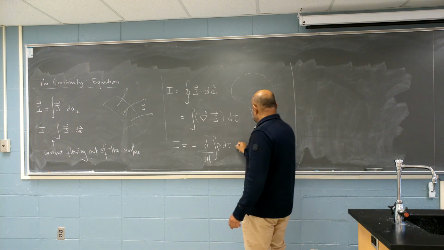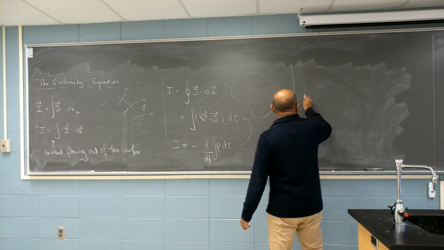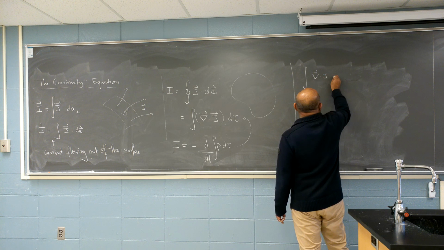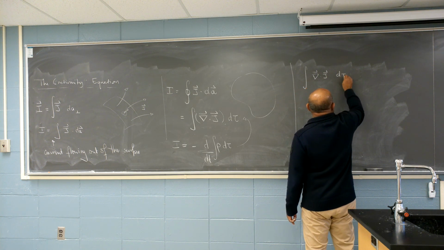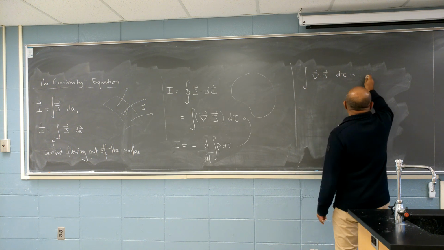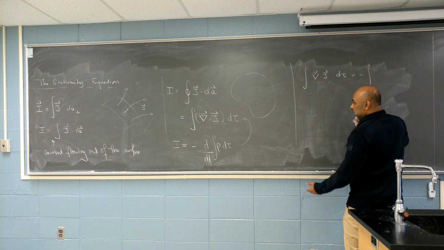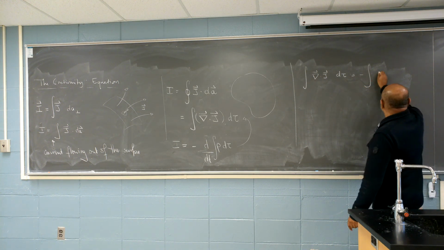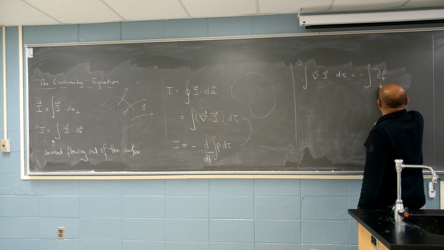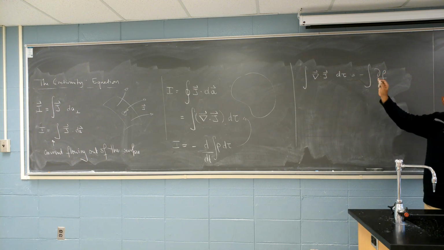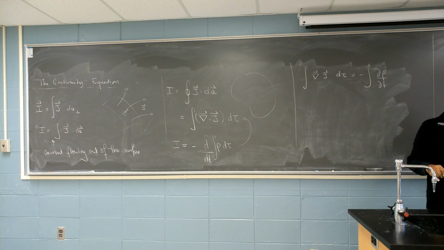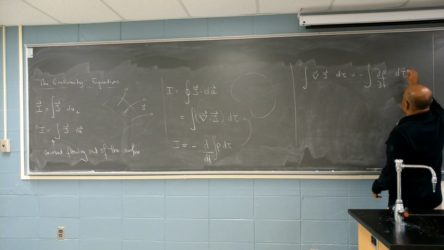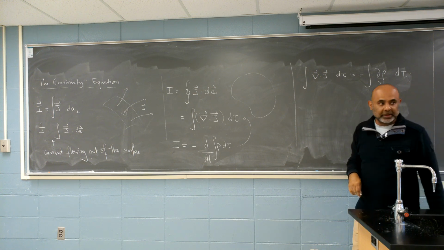So, well, that's easy. I'm going to do this. And so I get divergence of J d tau is equal to negative. I'm going to take the time derivative inside. So I'm going to do partial rho. It becomes a partial derivative, right? Because rho is a function of x, y, z, and t. That's one way to write this.